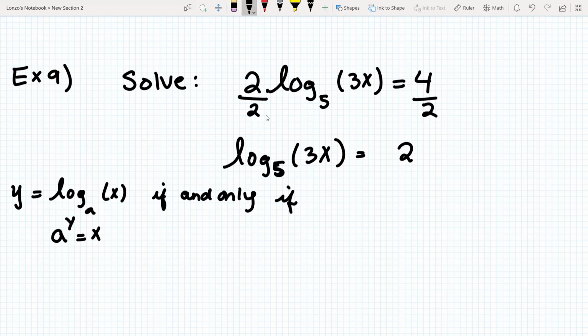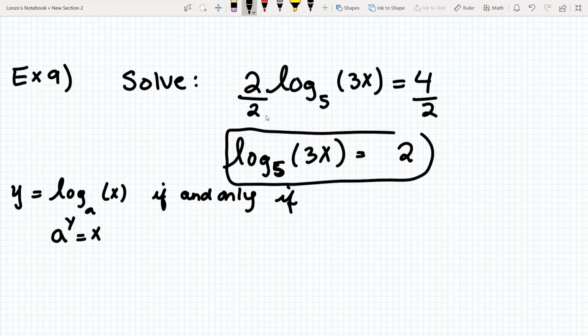Okay, so let's look at our problem very carefully. We have log base 5 of 3x equals 2. This entire equation looks very similar to the one on the left, right? So that means we have to convert this into power form. And when we do that, we have to find our base a, our y, and our x. Well, my base is 5.